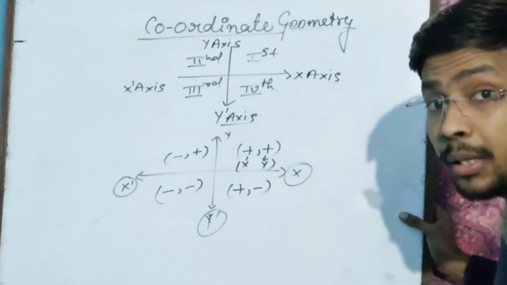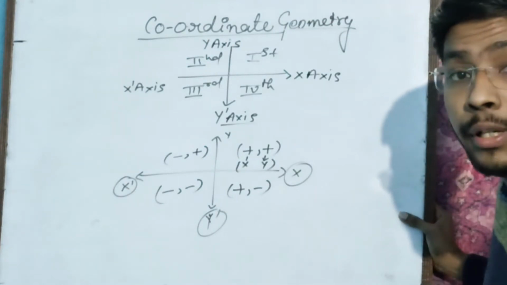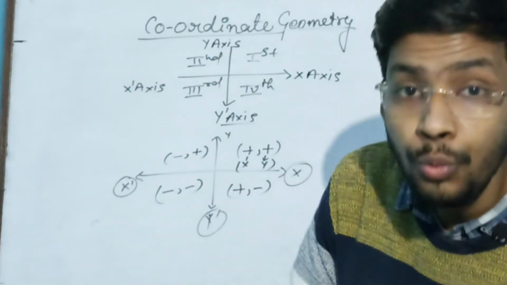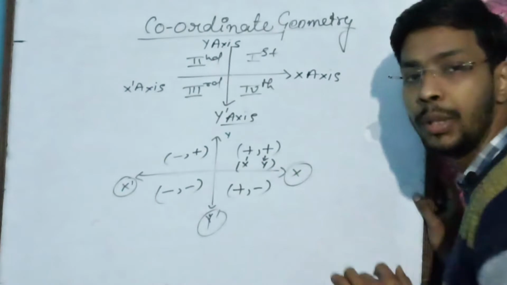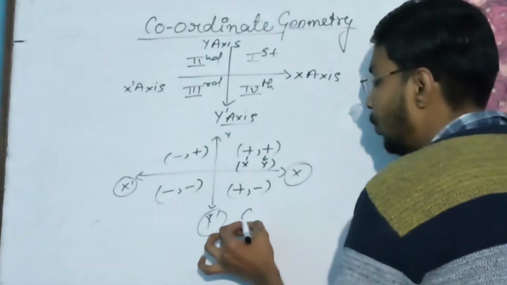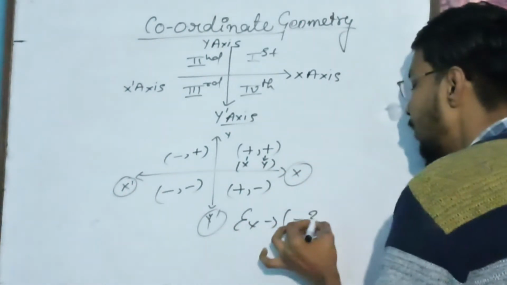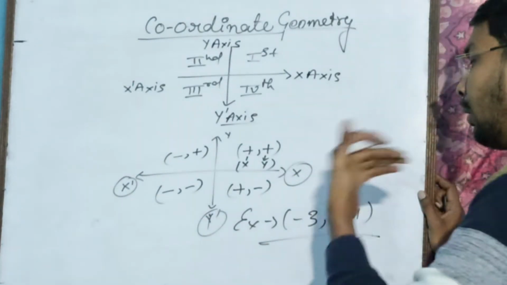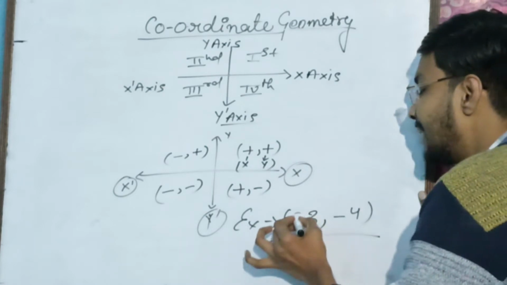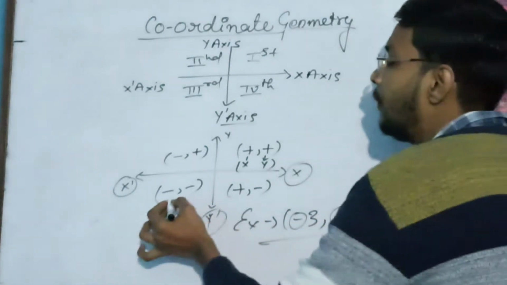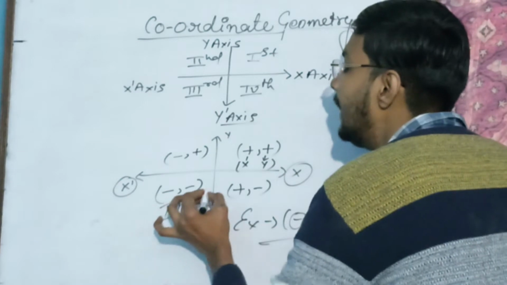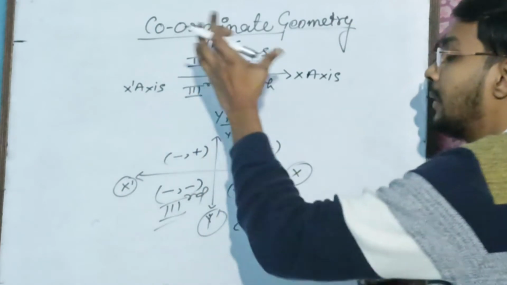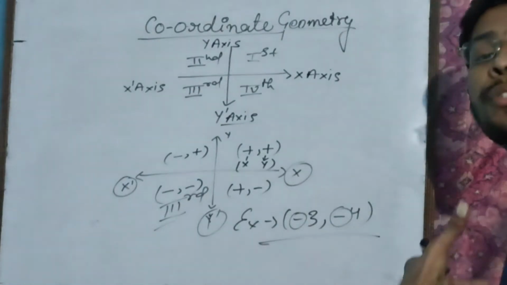Remember friends, it is very important to know the quadrants, because if you don't understand the sign conventions, you cannot identify which quadrant a given point belongs to. Suppose a question asks you to identify which quadrant these points belong to. If you see minus comma minus, it always goes to the third quadrant.